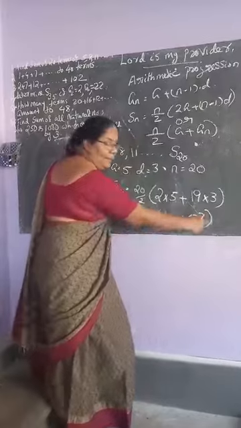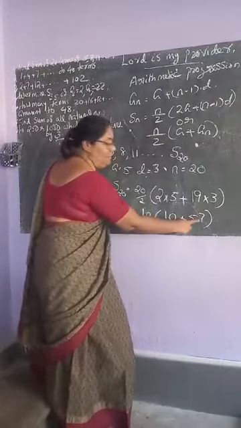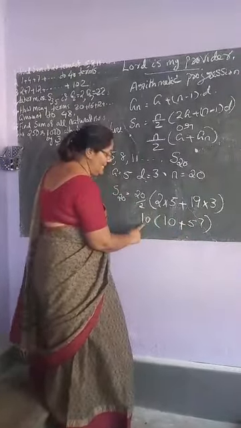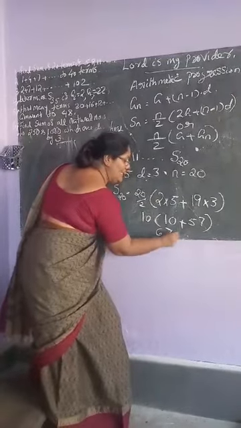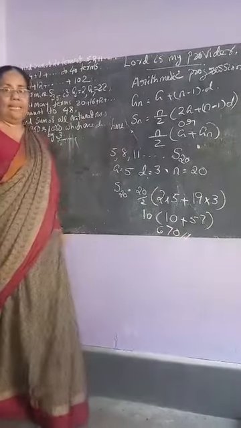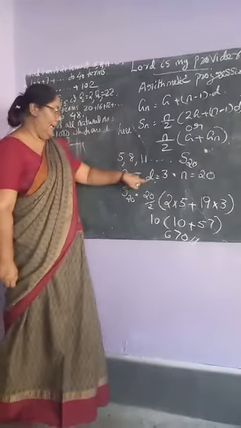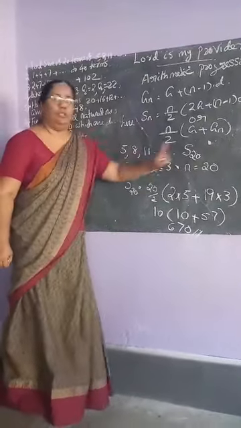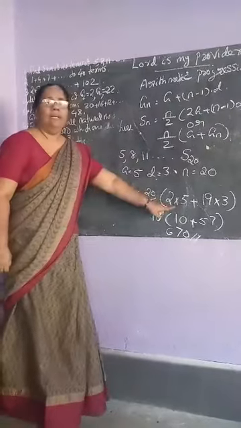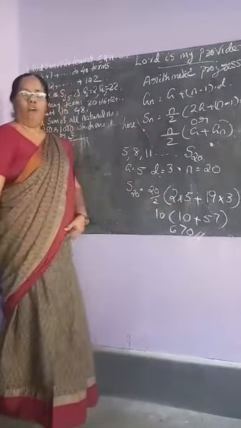Then in the bracket 10 plus 57 is 67. 67 into 10 is 670. Understand the method? Apply a is equal to 5, d is equal to 3 and n equal to 20. Then substitute the given terms in the formula.